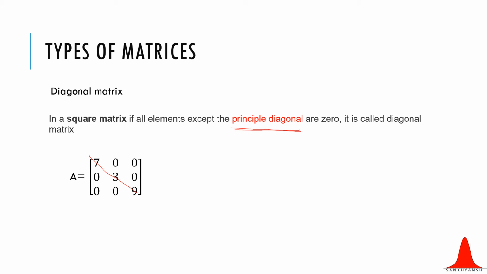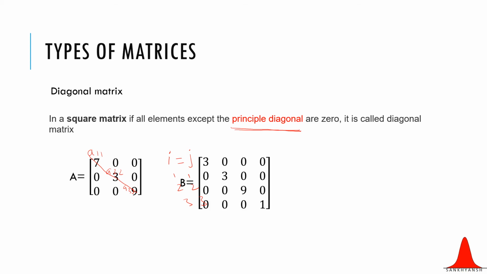We call it the principal diagonal. So this is A11, this is A22, this is A33. The principal diagonal is where i is equal to j: 1 1, 2 2, 3 3, right? So in a square matrix, if all other elements except the principal diagonal are 0, we call it a diagonal matrix.